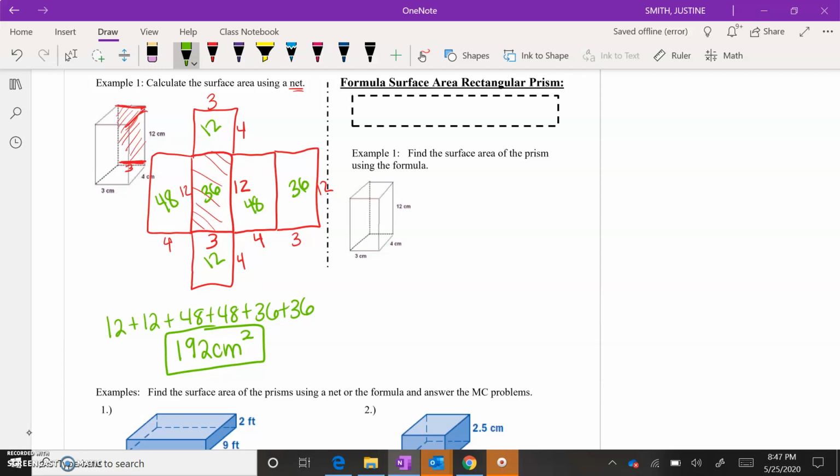The other method you could do is to use this formula for surface area, which is 2 times the width times the length plus 2 times the length times the height plus 2 times the height times the width. You can see that basically that's what we already did here, but I wouldn't have to draw out the net and figure out all of these individually.